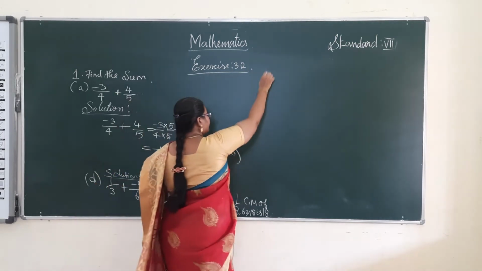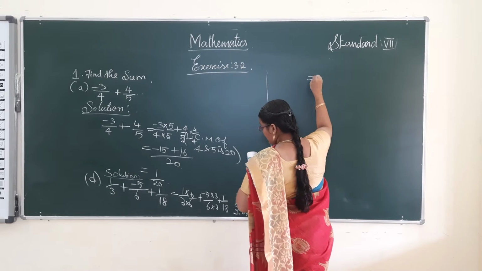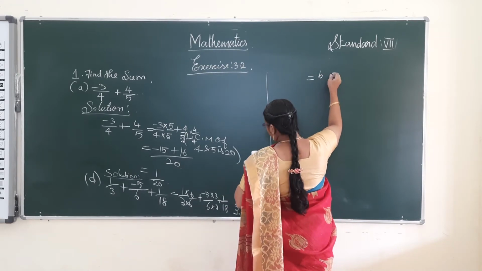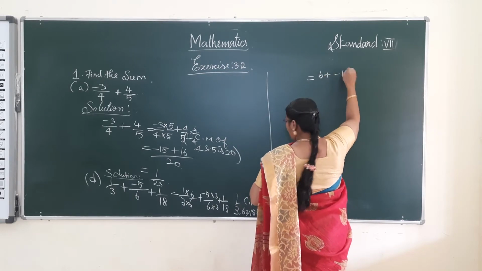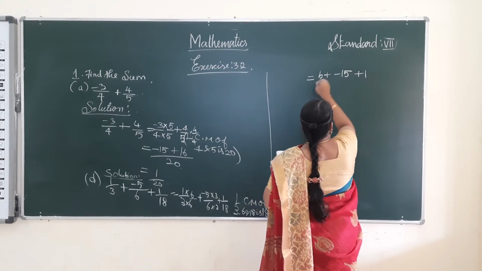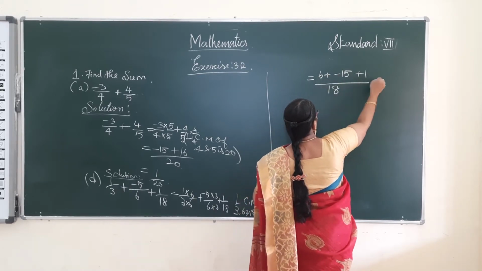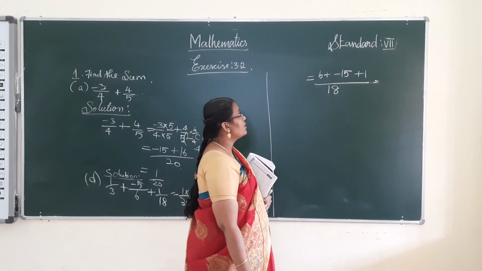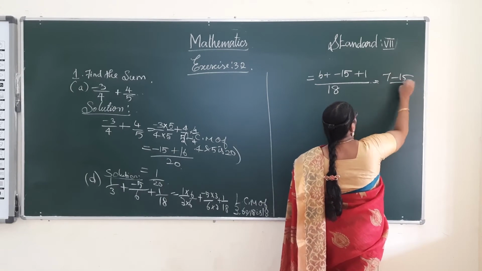Now multiply the numerator: 1 6s are 6, plus minus 15, plus 1, divided by 18. Add the same operation: 6 plus 1 is 7, so 7 minus 15 by 18.